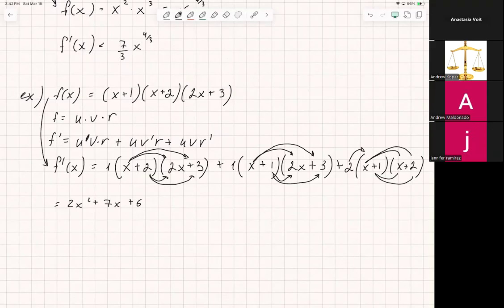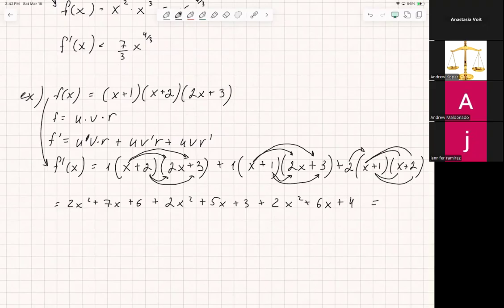So that's the first one done. Now plus 2x squared plus 5x plus 3. And the last one, we have 2x squared plus, this is 3 times 2, so 6x, plus that's 2, so 4, plus 4.